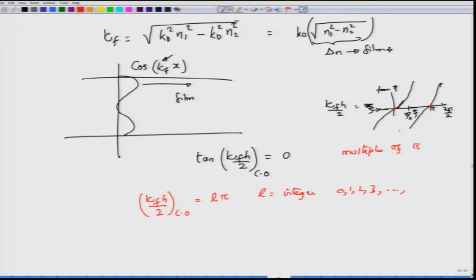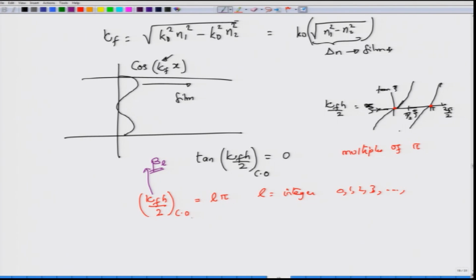If I start giving different values of L, I will obtain different values of kappa f. But getting kappa f is not really my goal; from kappa f I need to extract the value of beta, because beta corresponding to that particular L will be the propagation constant, which is the important parameter for us, because that will tell us how the wave is propagating along the film.